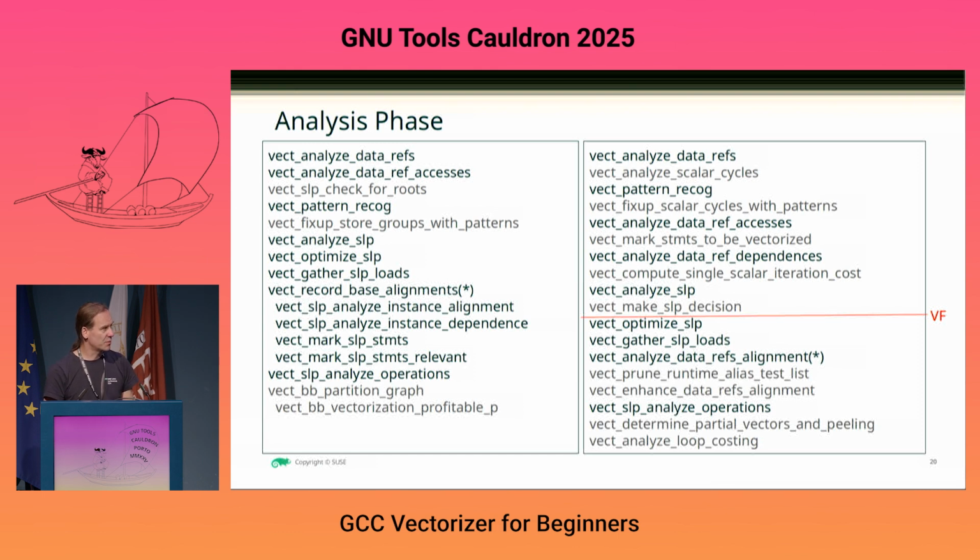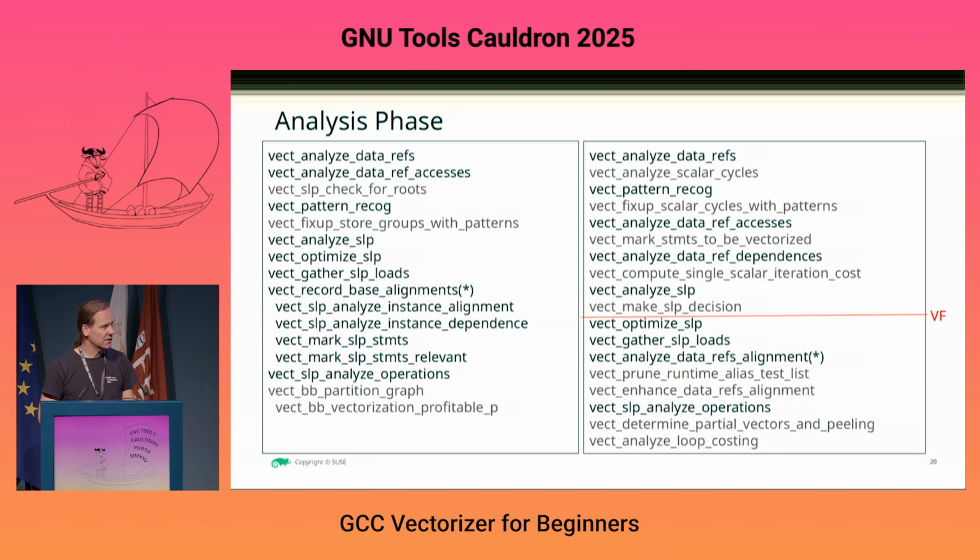And at that point, we also decide whether to do peeling for alignment or whether we have to do a runtime alignment test with the loop version. Then we analyze the actual operations, whether we can vectorize them. And we decide after doing that whether we can do loop masking or not.